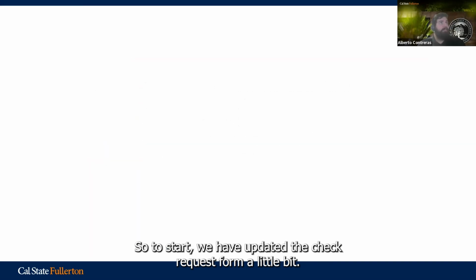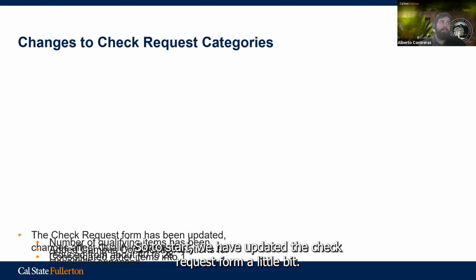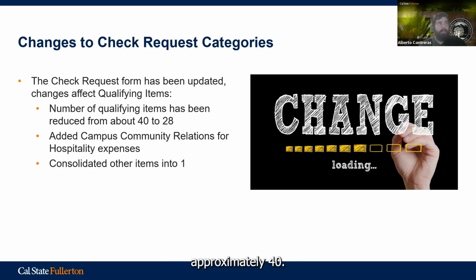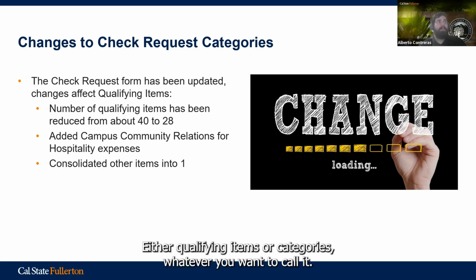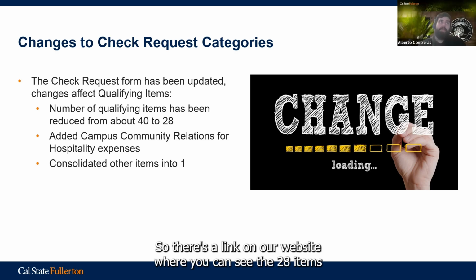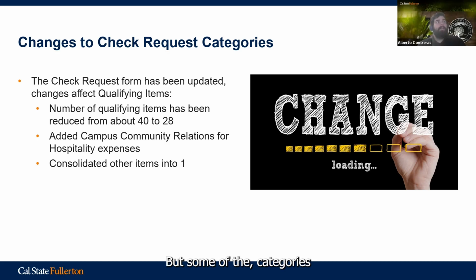So to start, we have updated the check request form a little bit, not the form itself, but the qualifying items on the form. Prior to this, we had, I believe, approximately 40 qualifying items or categories, whatever you want to call it. And now it's been narrowed down to 28. So there's a link on our website where you can see the 28 items if you want to take a look.